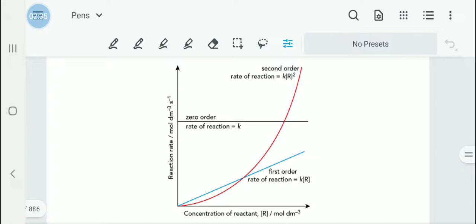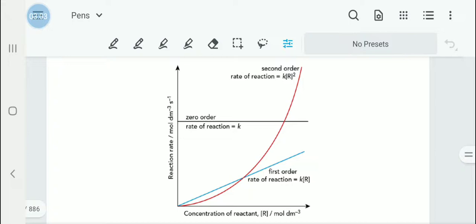Then if you get a curve coming from the origin, it is going to be second order. Once again you have to look at where it originates and whether it is a curve or a straight line. If it is a straight line parallel to the x-axis, it is 0 order, and it will be higher up, not starting at 0.